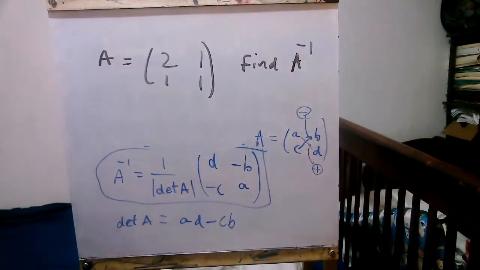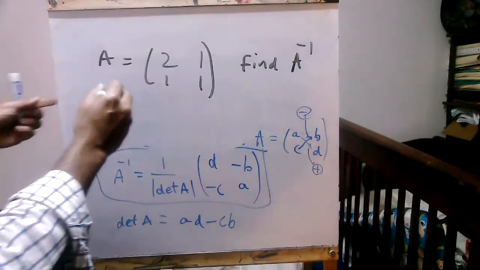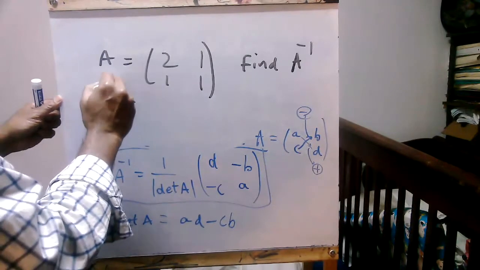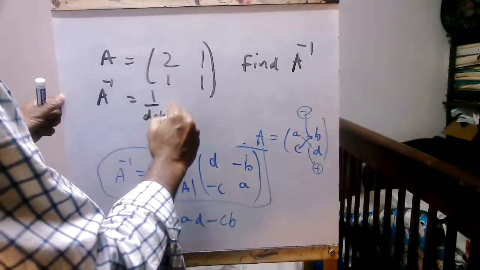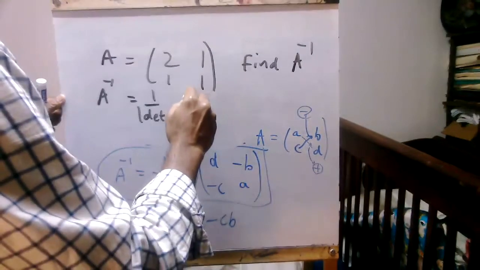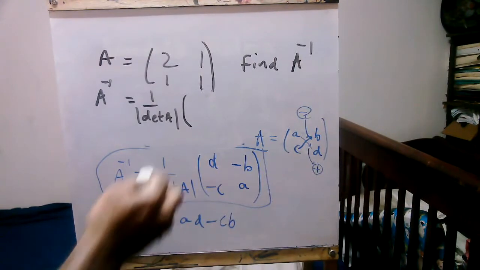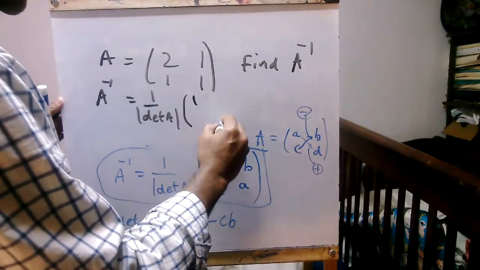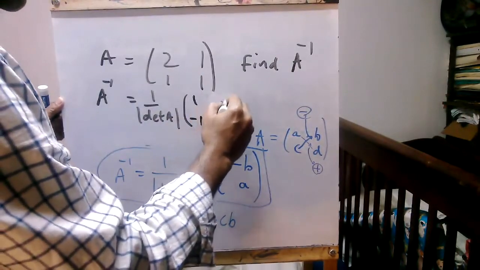Now we're gonna use this for this example. A inverse is what? A inverse is equal to 1 over determinant A times, we interchange these two, 1, 2, and we change signs of these two, negative 1, negative 1.